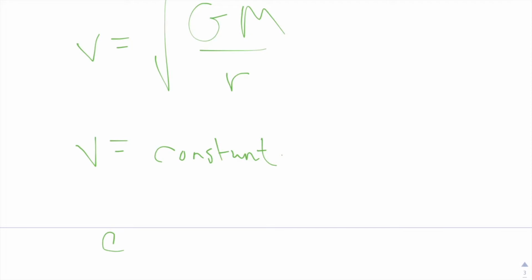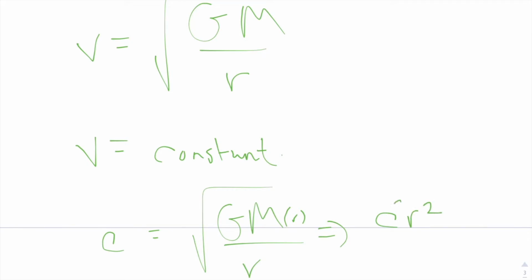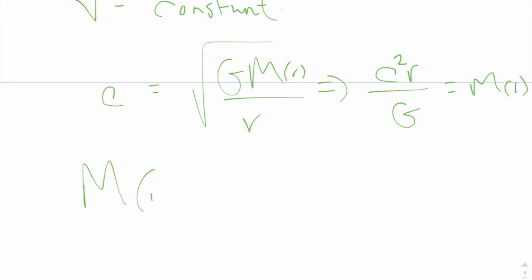So we can say essentially that c equals the square root of G M of r over r, which implies that c squared r divided by G equals M of r. So basically we know that this mass distribution, the mass enclosed, actually increases linearly with r.